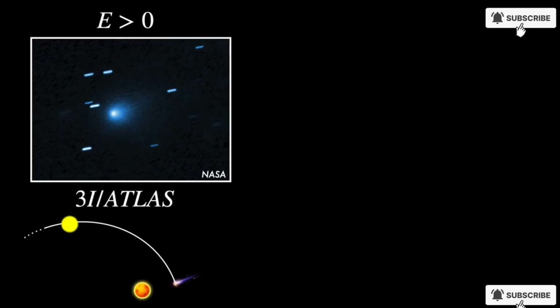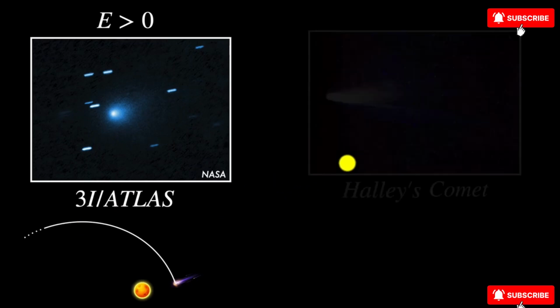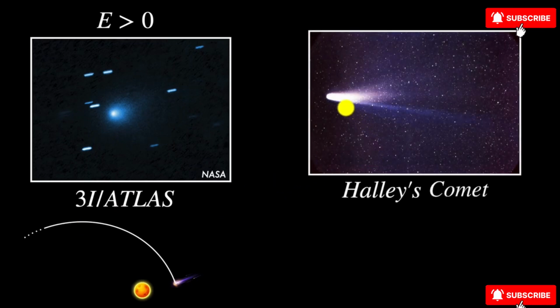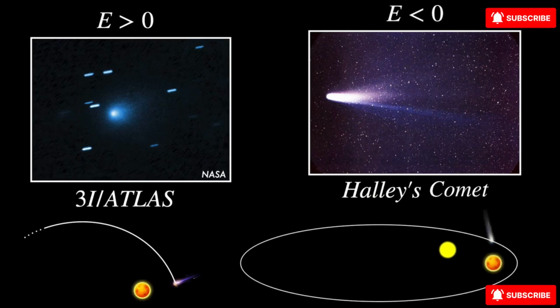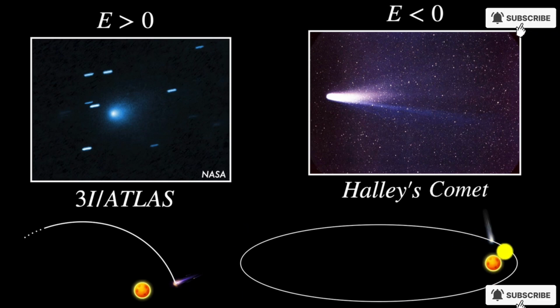It takes a hyperbolic trajectory and escapes our solar system and goes back into deep interstellar space. In contrast, if you calculate the energy of Halley's Comet, you will find that it's less than zero. And that's how we know it's a bound system. It is a very elliptical orbit, and it takes about 76 years to complete that. And that's why you will see Halley's Comet about every 76 years.